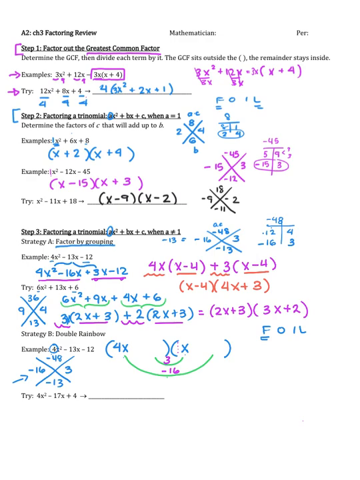And you're going to ask yourself, 4x times what is going to equal negative 16? Let's just focus on the 4. 4 times what is a negative 16? That's going to be minus 4. And since this is a 1, it's like saying 1 times what equals 3. That's going to be a positive 3.